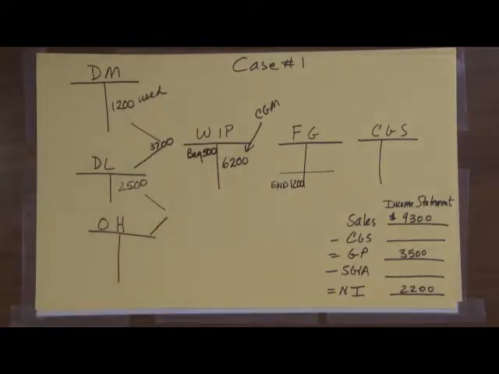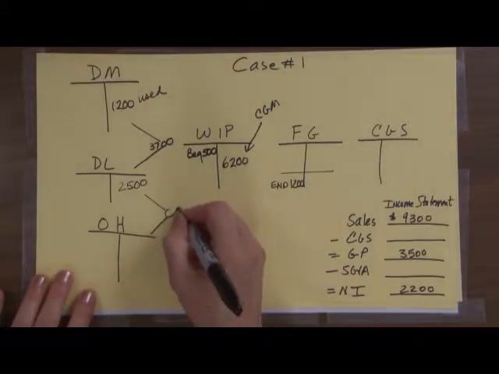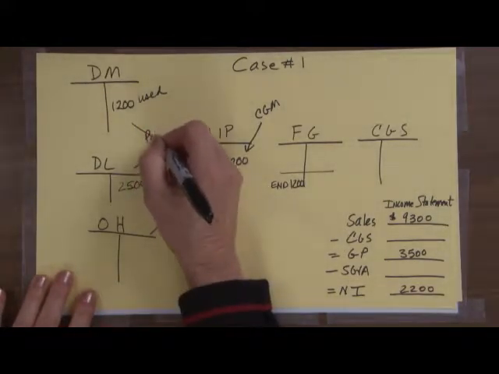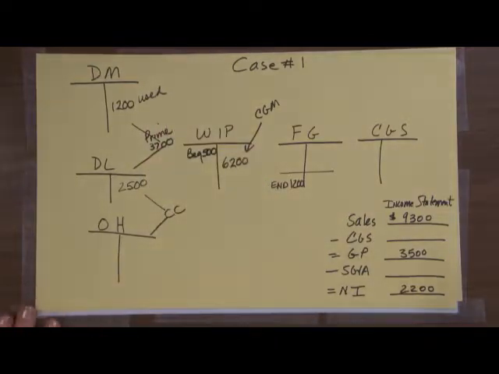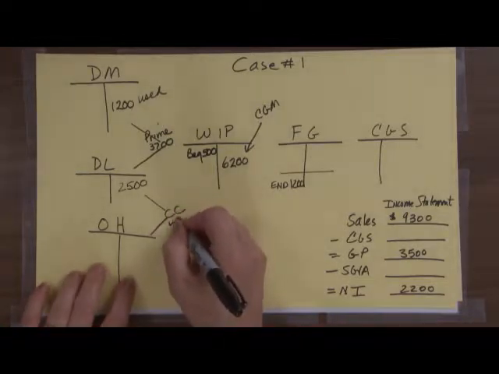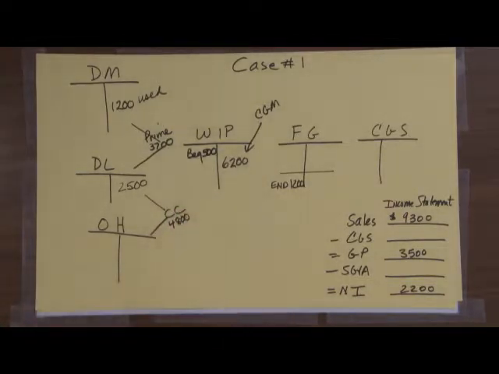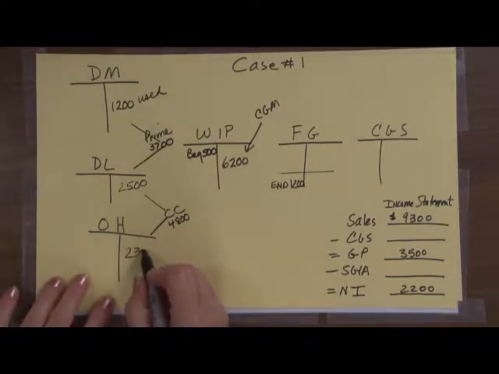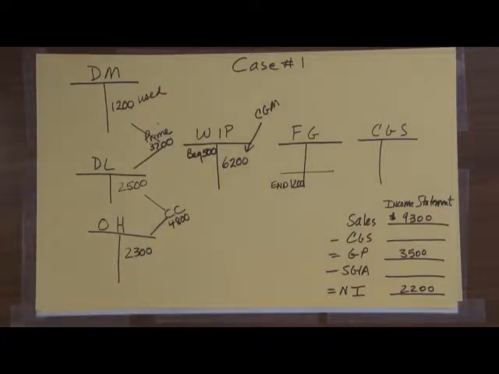So prime cost is a term that we should be familiar with. Conversion cost represents direct labor plus overhead, and in this case it was $4,800. And if we understand that $2,500 was direct labor, it's easy to find that overhead was $2,300.